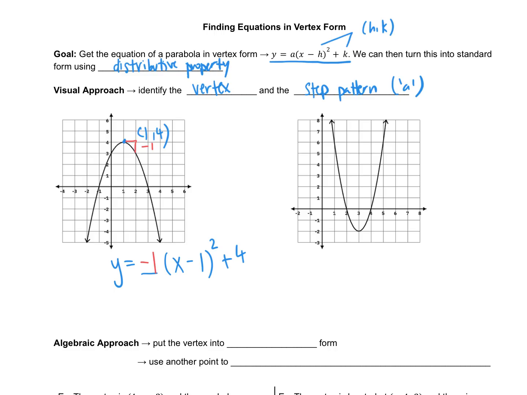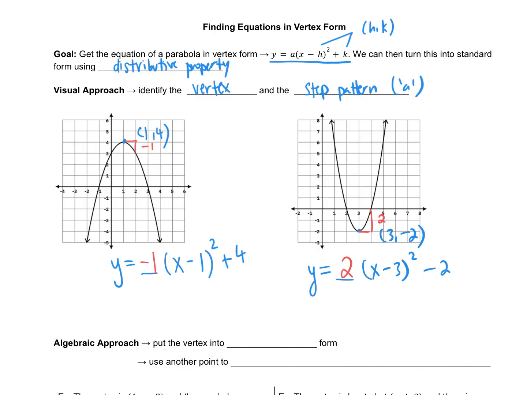If we look at the next one, the vertex is at 3, negative 2. So our vertex form will begin with y equals something, x subtract 3 squared, and then minus 2. If I read off the first step, right 1, up 2, that will match with my a value.